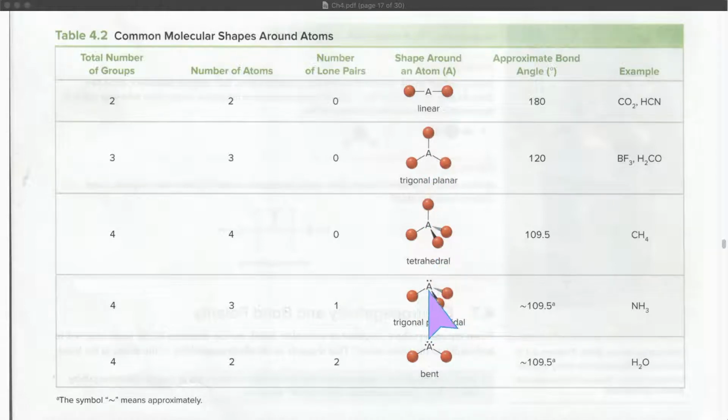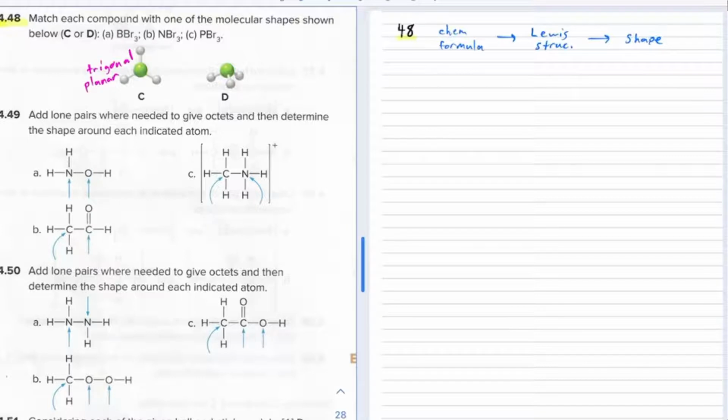Those three other atoms are kind of squished together, sort of like a triangular pyramid, trigonal pyramidal. And this atom in the center also has a lone pair as well, but the three other atoms that it's connected to are kind of squished together. So trigonal pyramidal.